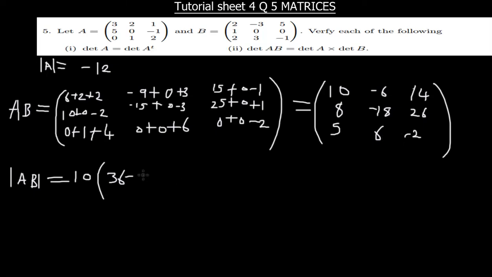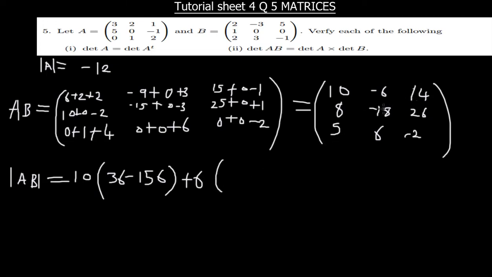So you get 156, and then you do that, then minus. This 6 is already negative, so when we say minus negative 6, we're simply saying positive 6, and then open brackets.